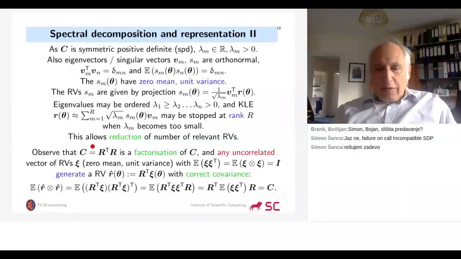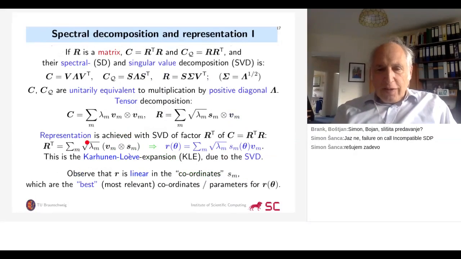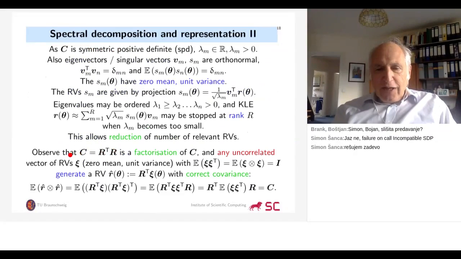And observe please that the way to do it was, if we look back here, via this mapping R transpose, and R and R transpose were a factorization of this matrix C. If I take any uncorrelated random variable with zero mean and unit variance and multiply R transpose by it, I get a random vector, which I call R tilde.